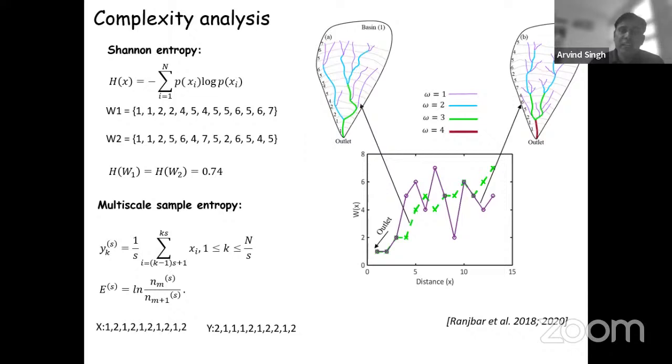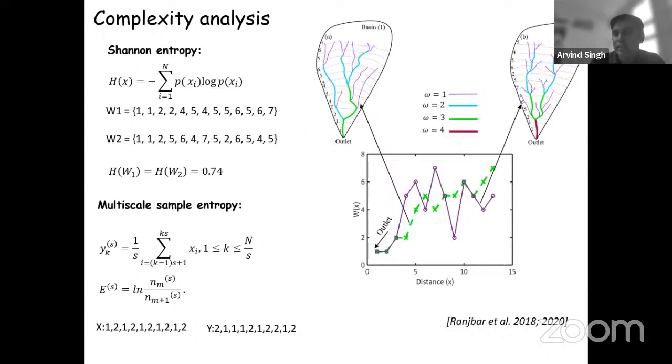If we compute the Shannon entropy of that, it will be the same because the distributions are the same. So to overcome this limitation of Shannon entropy, we use sample entropy, which takes into account the spatial arrangement of channels in a given sequence.